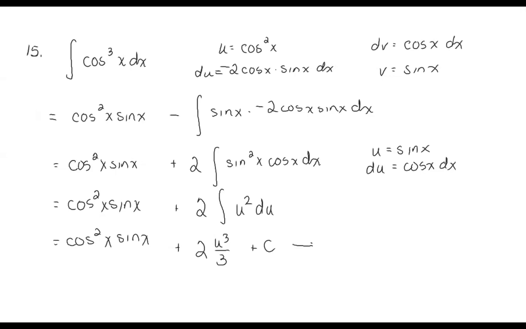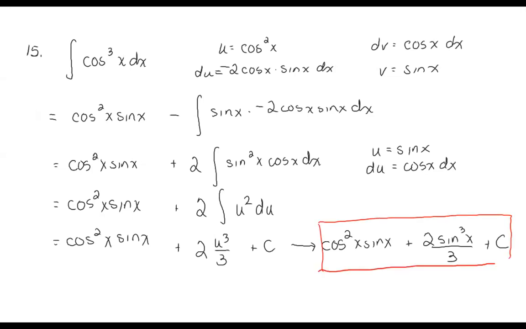And finally, write everything in terms of x: cosine squared x sine x plus 2 sine cubed x over 3. So that is one correct answer to that problem. That's one way to do it.